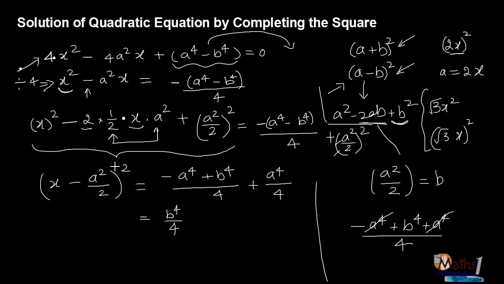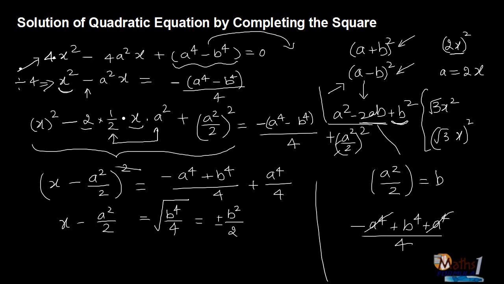If I take out this square, this will become a square root. The value of that square root will be, b to the power 4 is b square whole square, so that is going to be b square. Root 4 is 2, and it is going to be plus or minus, because we need two values. On the left hand side, I'll be left with x minus a square divided by 2.